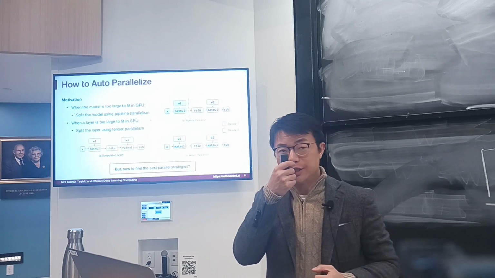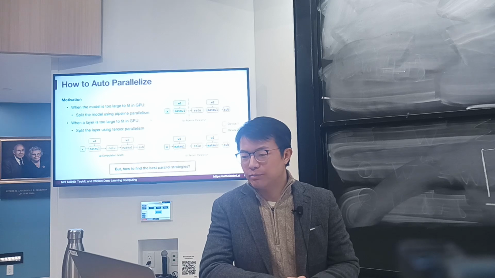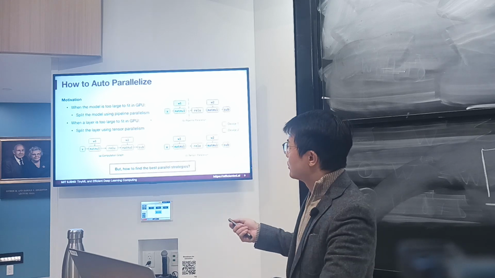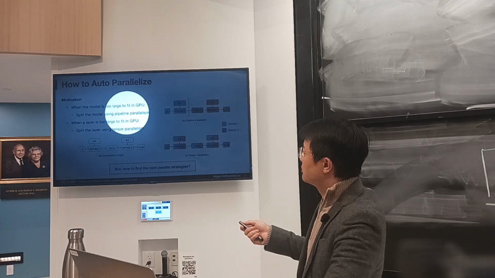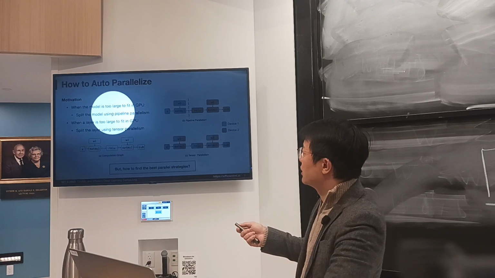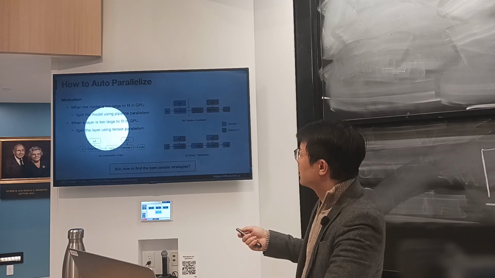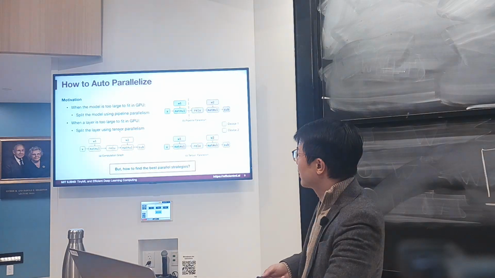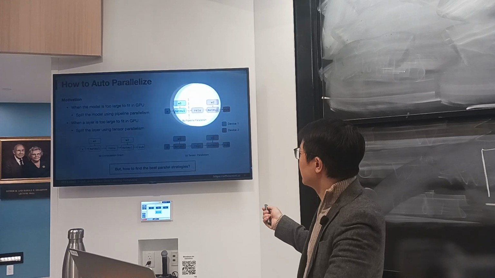So that's a pretty large design space. The next question is, how do we auto-parallelize? When the model is too large to fit on the GPU, we can split the model using pipeline parallelism to split different layers. But even if a layer is too large, we can split the layer by using tensor parallelism. This is pipeline parallelism: GPU 1, GPU 2, layer 1, layer 2.